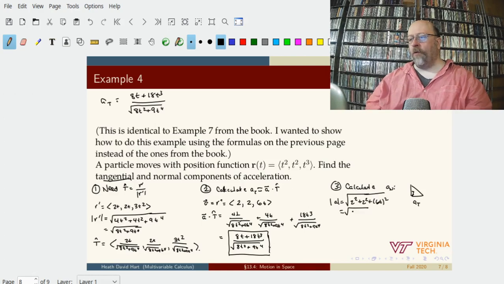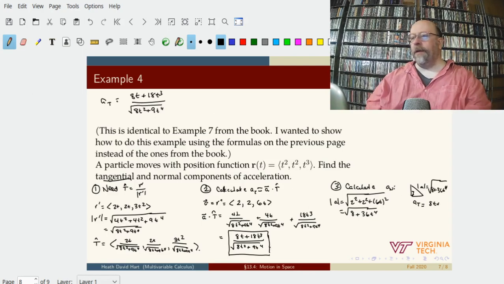That's the square root of 4 plus 4 is 8, plus 36t to the fourth. And that goes here. So this is square root of 8 plus 36t to the fourth. And this is this complicated formula here.